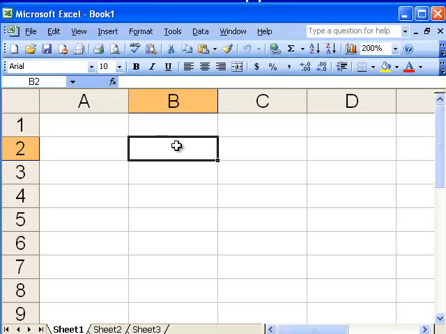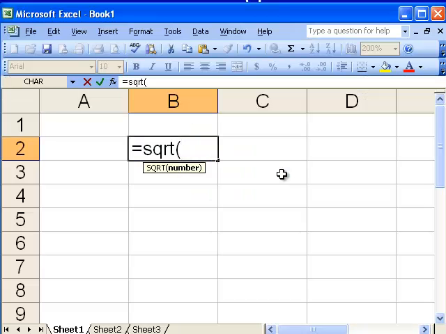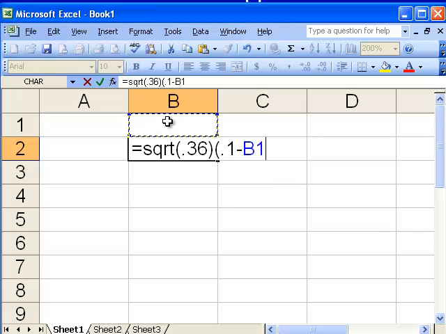All right. So we'll put it right here, equal the square root of, and go back here, it's 0.36 times 0.1 minus x divided by 4. Let's put up here in B1 what the value of x is.